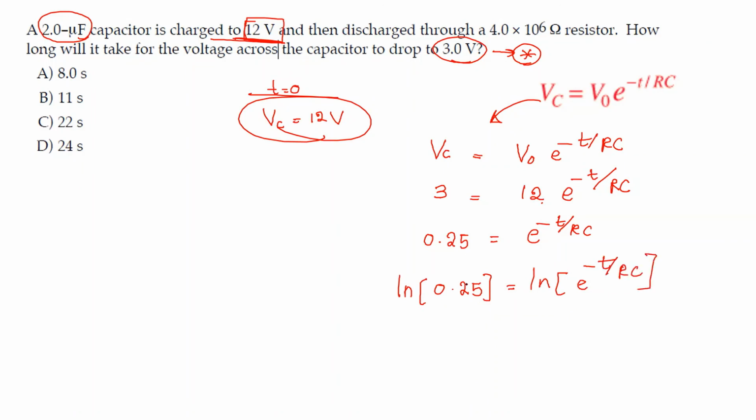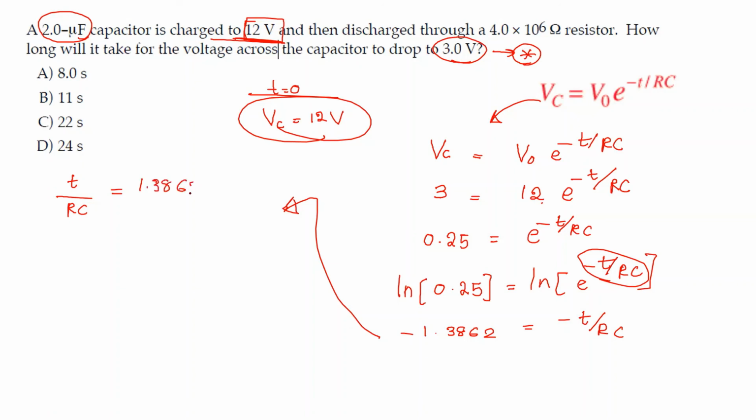When I do that, for ln 0.25 I get negative 1.3862, and for the right side we get negative t over RC. Because the negative is there on both sides, it will get cancelled, so t over RC is equal to 1.3862.